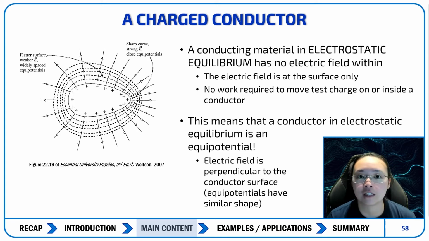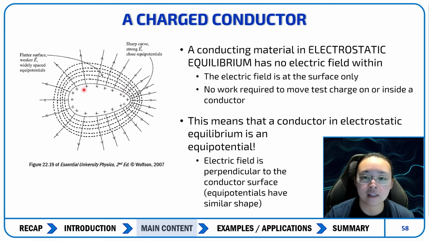And by that definition, the surface itself is an equipotential line, and the shape of the surface will define what shape your equipotential line has. So for example, this has a kind of egg-shaped surface.